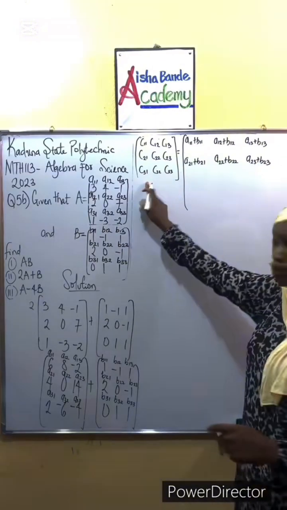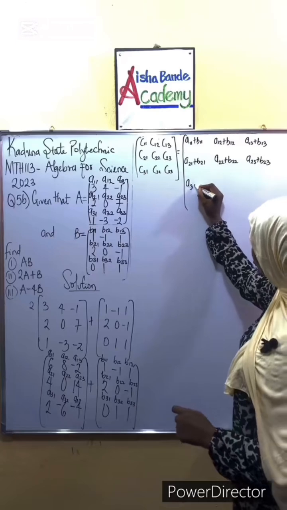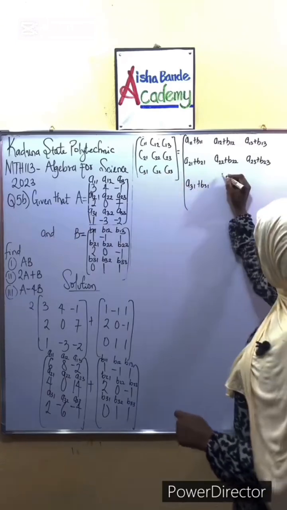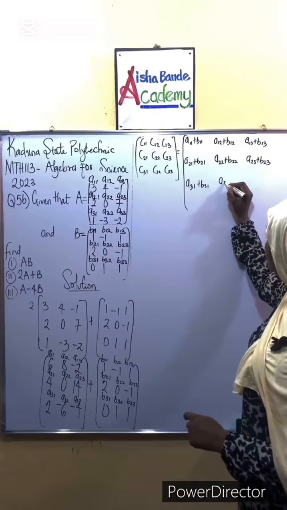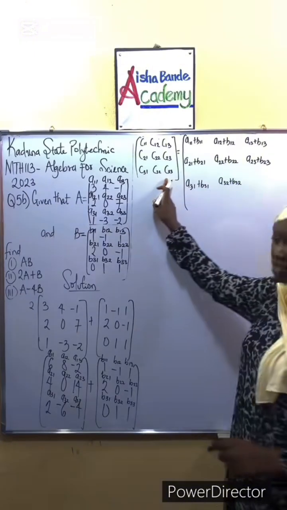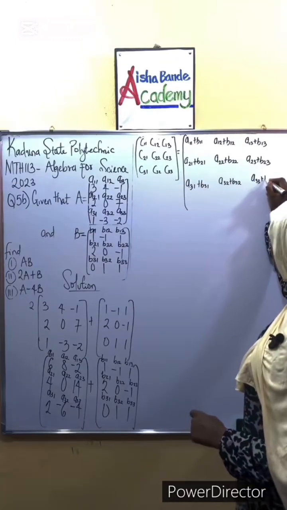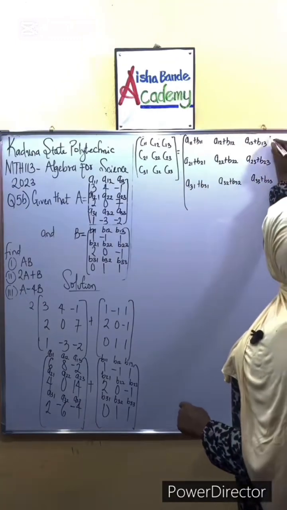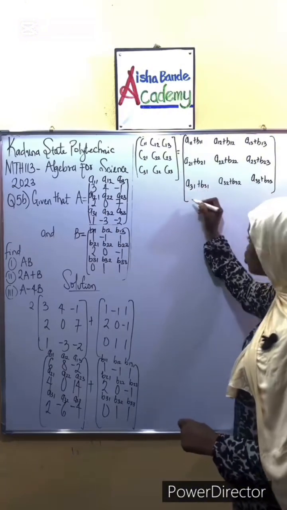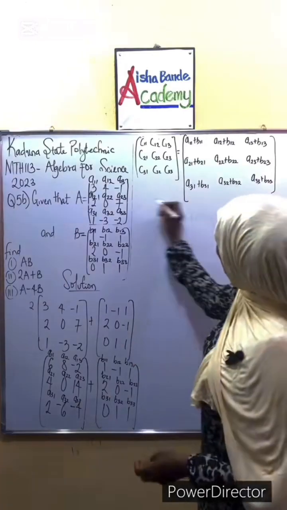Then for the last row, C31 is A31 plus B31, C32 is A32 plus B32, and C33 is A33 plus B33. Now this makes it easier. All we need to do from this step is substitute in the values, add up and get our matrix C. So now let's substitute.